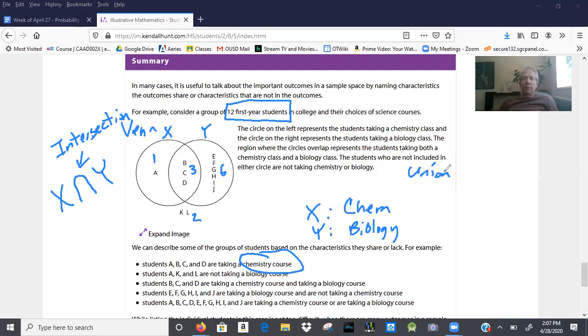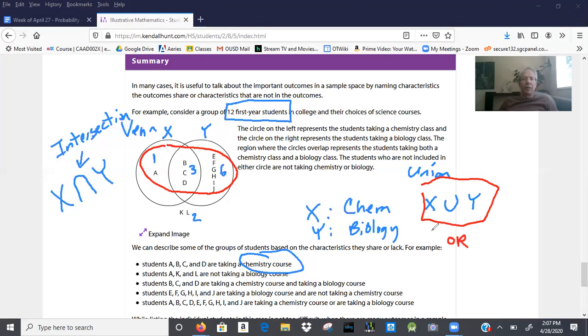The union is a U, which is great. So X union Y, that's everybody who's in either. Let me color code this. All 10 of those people are in the union.